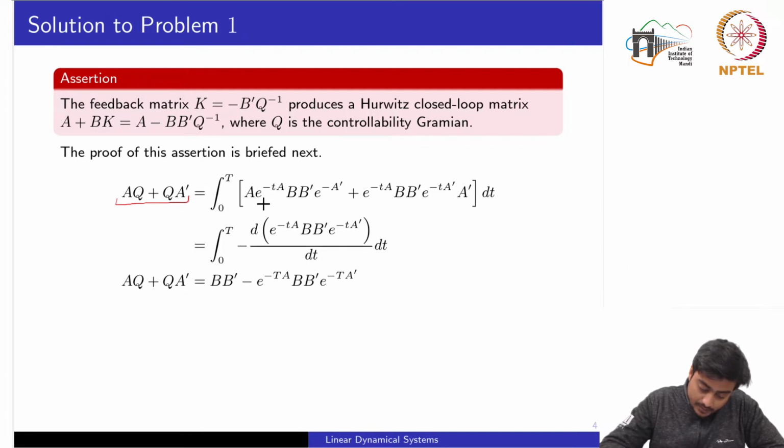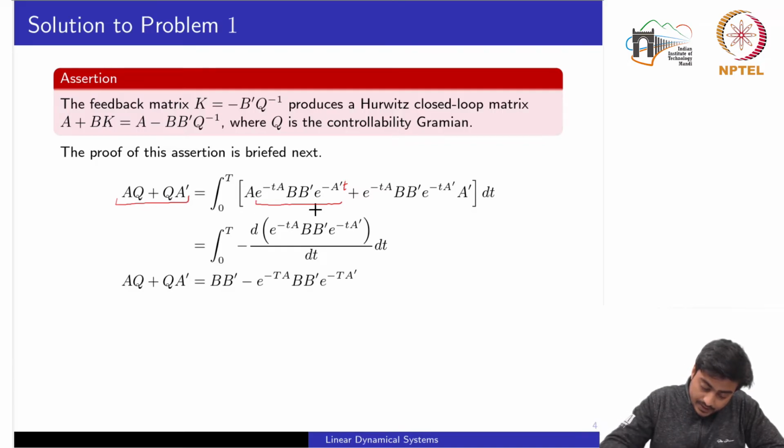The controllability Gramian is computed using this method where we have A transpose T. So A times Q plus Q times A transpose, and the overall integral. Here we are using the integral from 0 to capital T. Otherwise we could also take it from 0 to infinity.